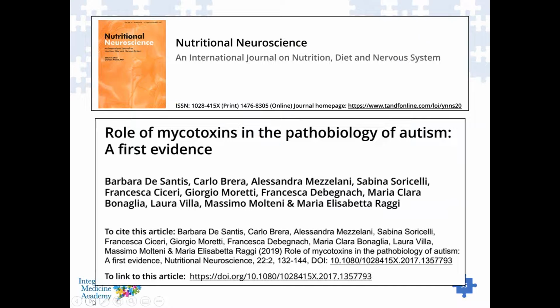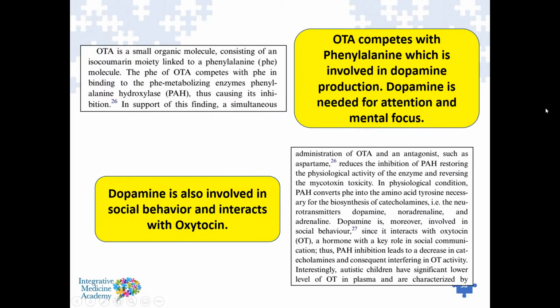There was an article that came out in, I think this was 2019, so just last year, on the role of mycotoxins in autism. And one of the things that was discussed in this article was that ochratoxin A, which is what the OTA is, is an inhibitor of phenylalanine hydroxylase.